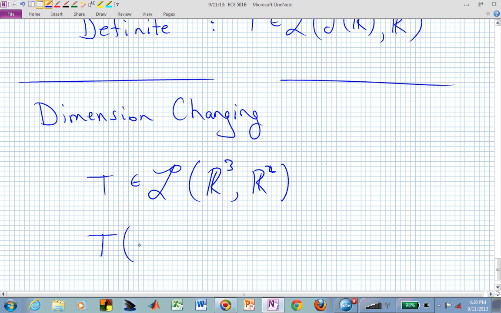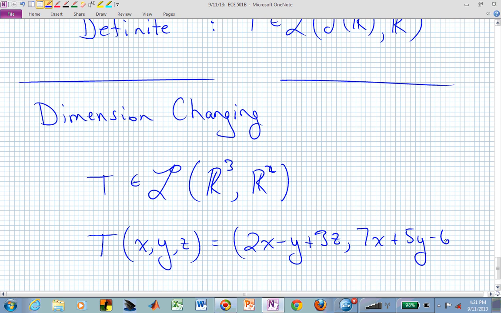Meaning, suppose that we define T operating on x, y, and z to push us into another vector space that's maybe defined by 2x minus y plus 3z. That's the first coordinate in a two-dimensional space. And the second coordinate, let's say, is another combination of the original three coordinates, 7x plus 5y minus 6z. So we're going from a three-dimensional space, x, y, z, into a two-dimensional space by this linear map.